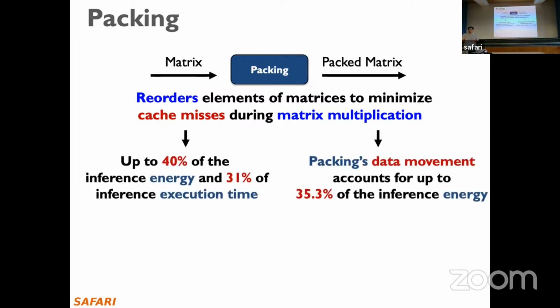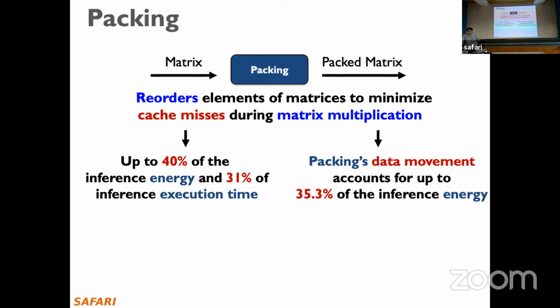So we reorder the elements in order to later do more efficient tiling, right? That's what packing is about. But this packing operation is reading one entire matrix and then writing it back, only to change where elements are located. So essentially, there is no computation or very little computation. It's mostly about data movement.